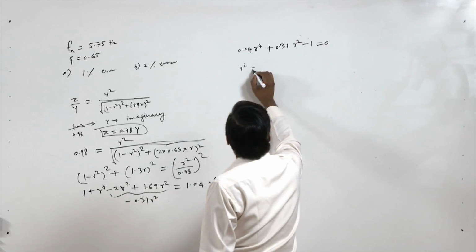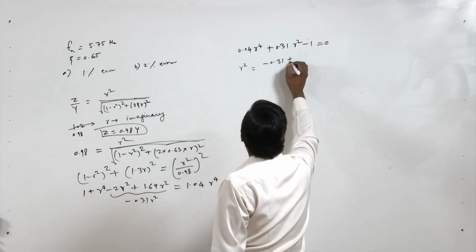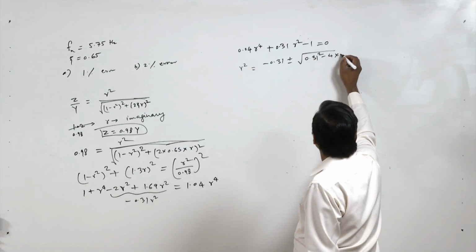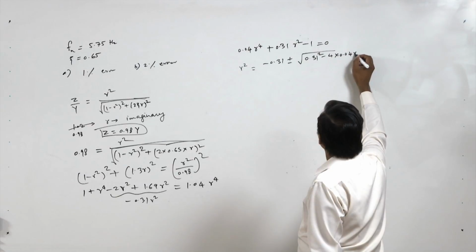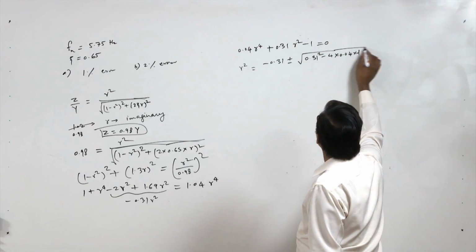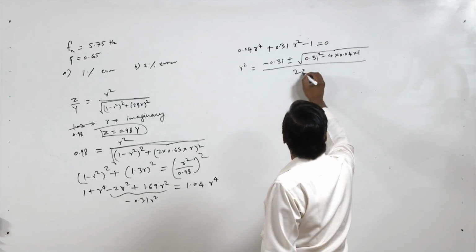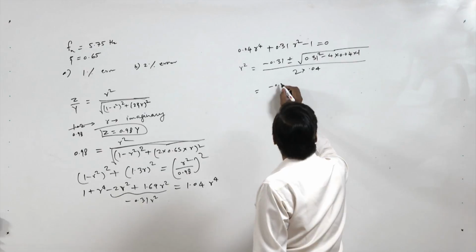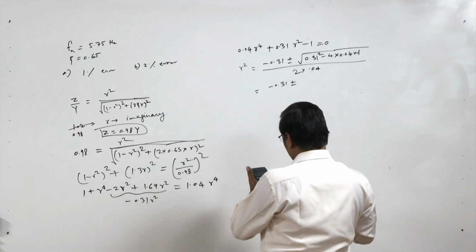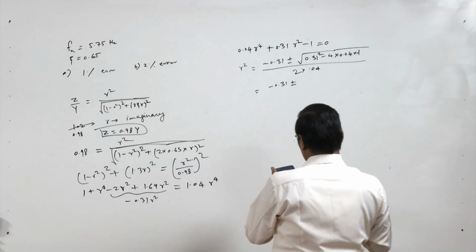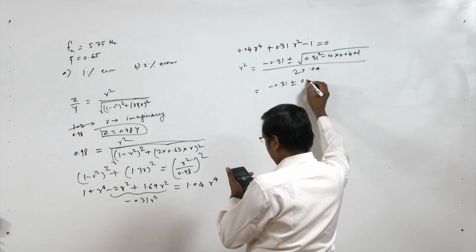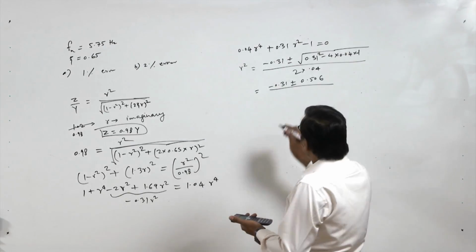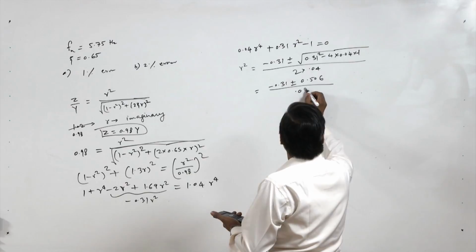So r square equals minus b plus minus under root b square minus 4 into a into c, where c is minus 1, by 2 into 0.04, and this is 0.08.